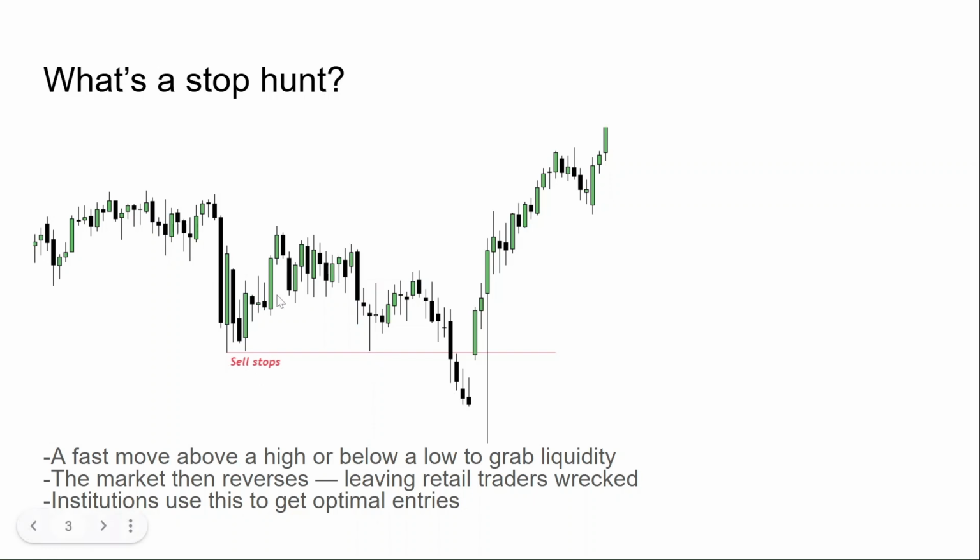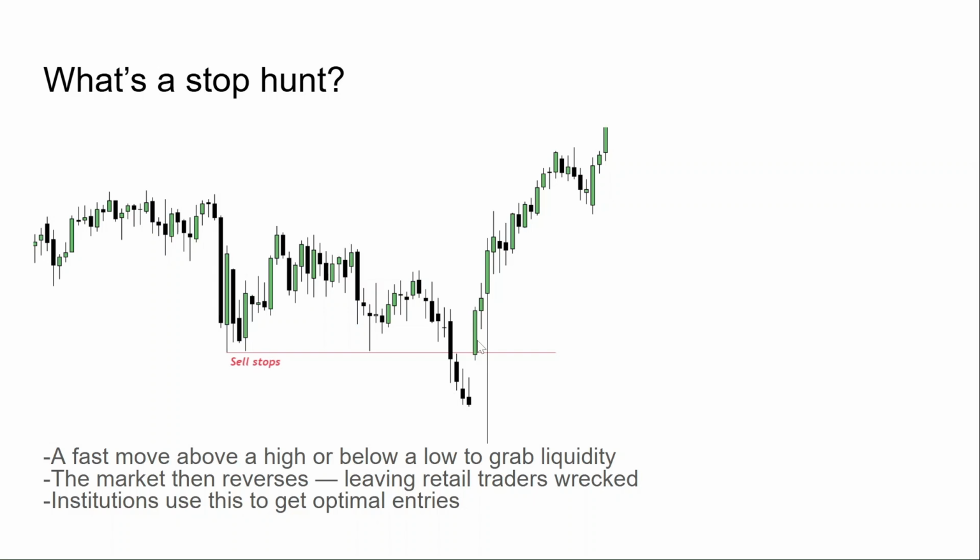So what the market makers or the big banks will do is they will drive the market under this level, so all of those stop losses get taken out, and then they will reverse the market and it will rally in the opposite direction.